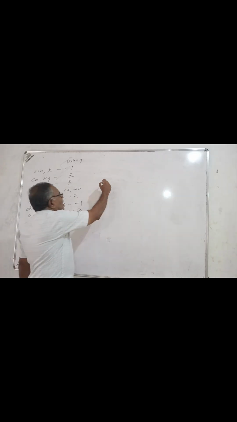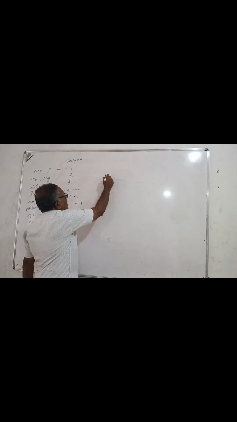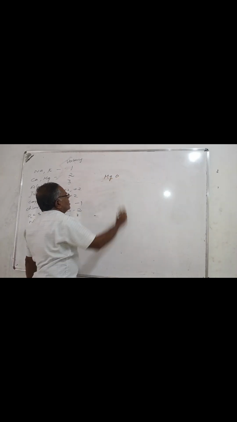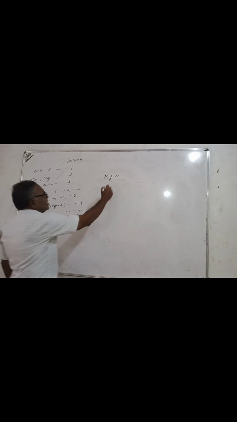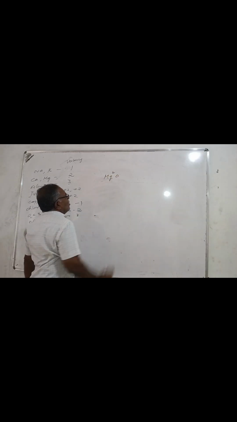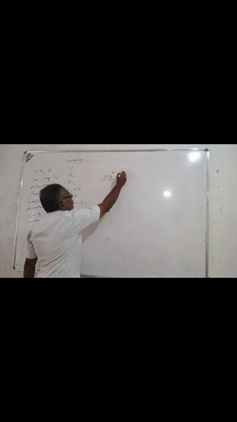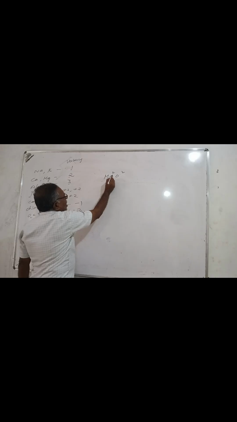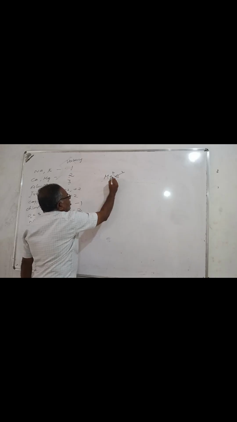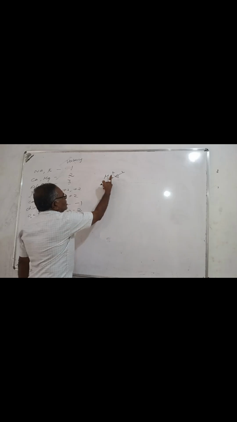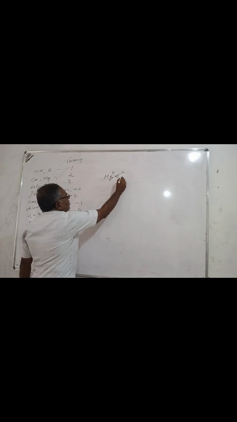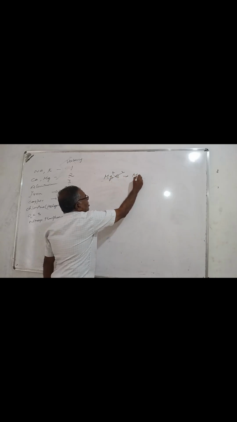Last class I said magnesium oxide. The valency of magnesium is 2. The valency of oxygen is also 2. You write the valency of magnesium near oxygen, and the valency of oxygen near magnesium. Since both are 2, you can write the formula MgO only.